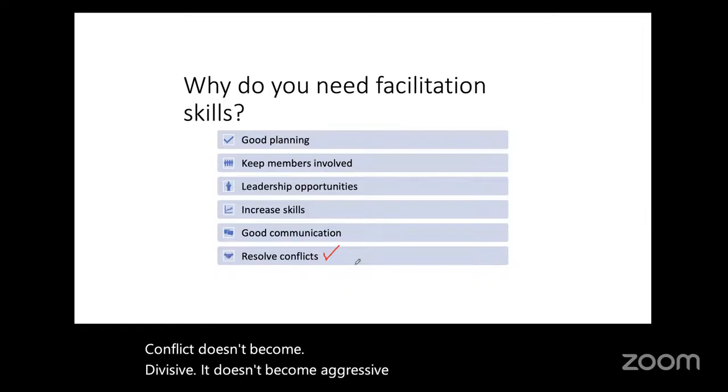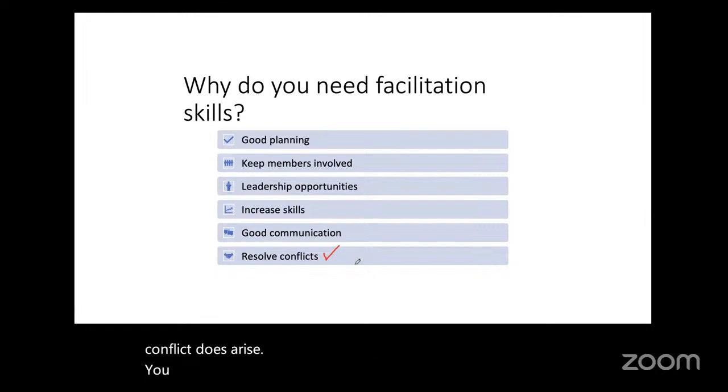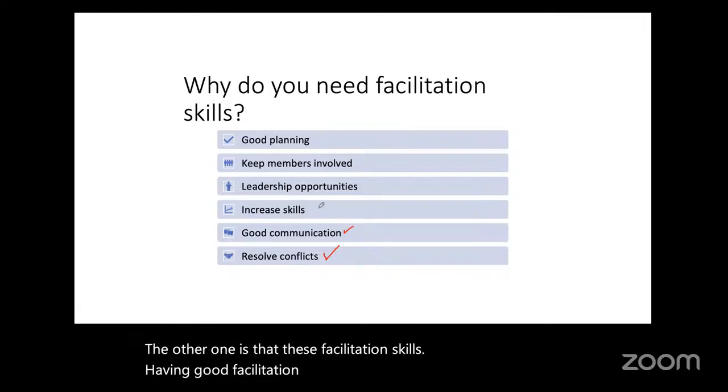It becomes another opportunity to change. The other reason you do this is that when conflict does arise, you are modeling the skills of how to get through that conflict.